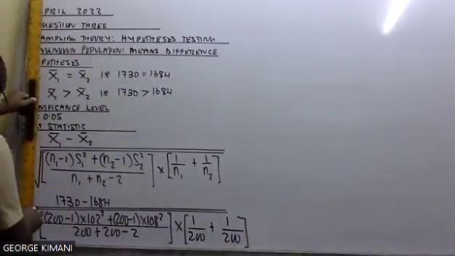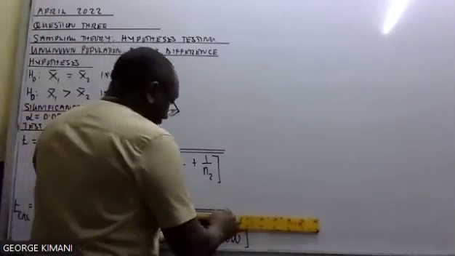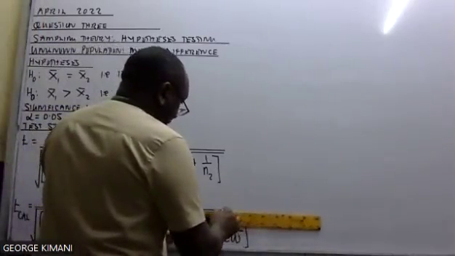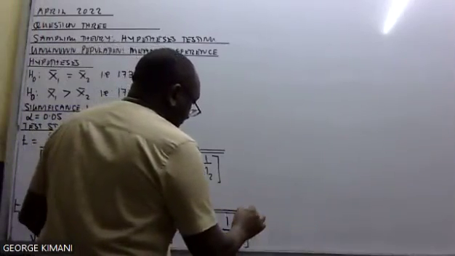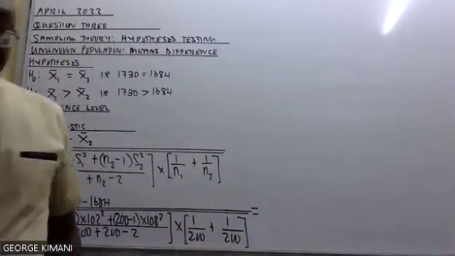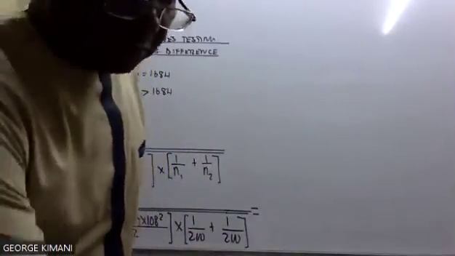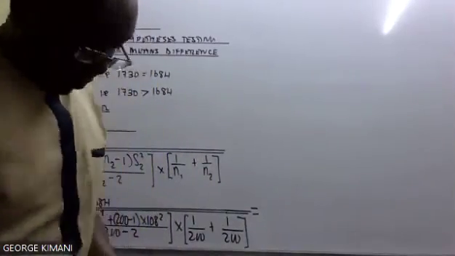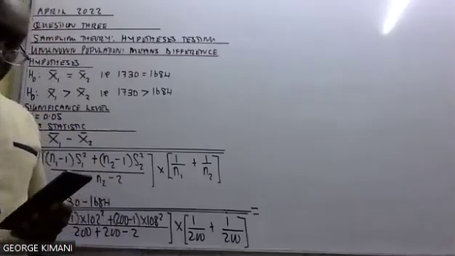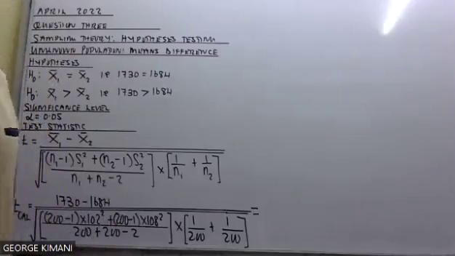So you get the square root of the denominator. So solve that and give me the answer. After you solve that, we will also take a break for prayers.